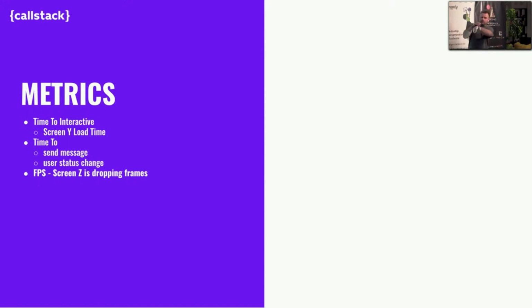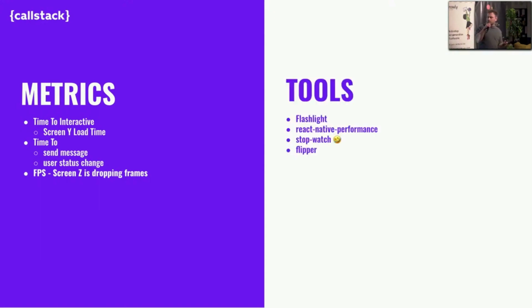So you can measure all of those things or many others. Those tools are React Native specific, but every framework, every technology has its own tools to measure some performance metrics. For example, the React Native Performance library is compliant with the Performance API from the web, from browsers, so you can use that in browser projects as well.